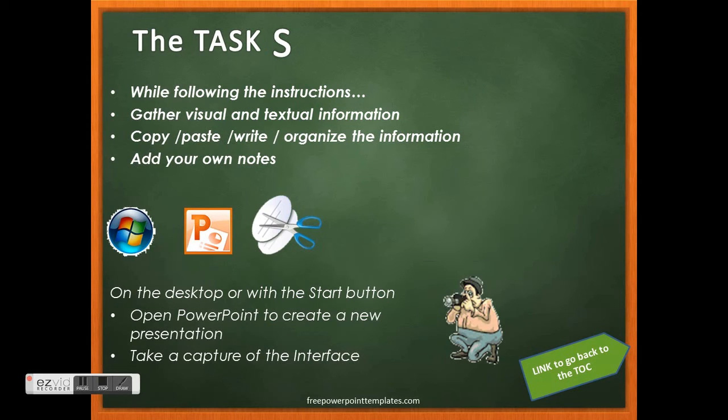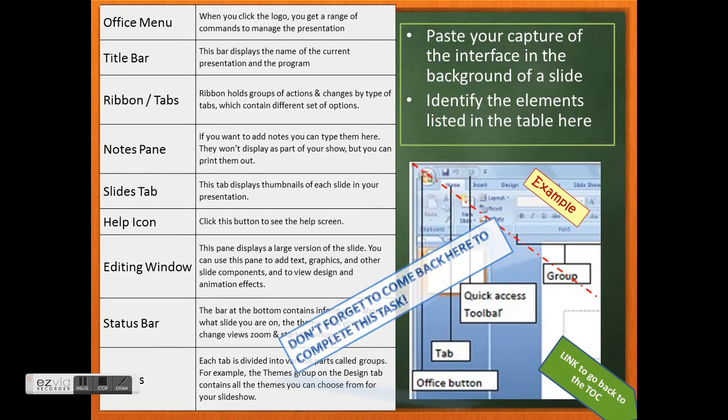But what is more important is this slide. With this one, the work you will have to do is take a big capture of the background of PowerPoint, and all the items you see on the left here are the elements I would like you to identify on your slide.